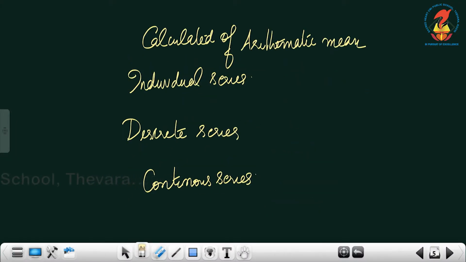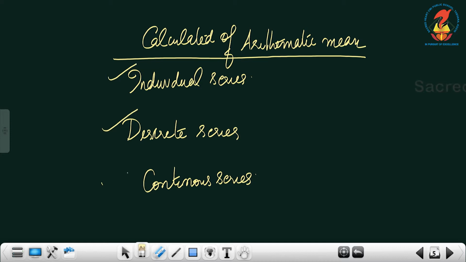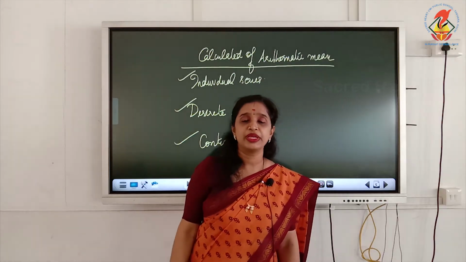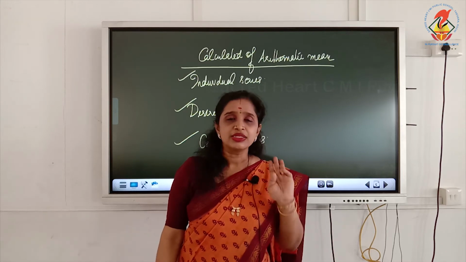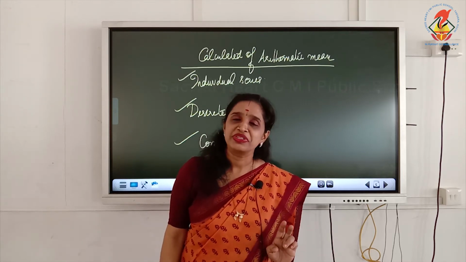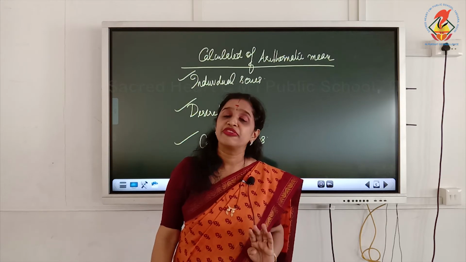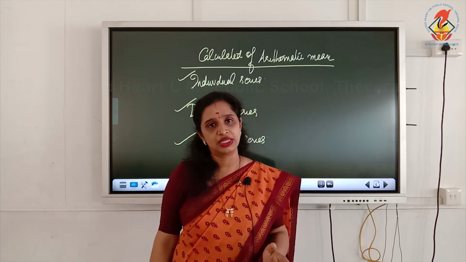Now, the simple arithmetic mean, we need to learn the calculation of simple arithmetic mean for all the three series: individual series, discrete series and continuous series. Now, you know what is the difference between these three types of series, right?